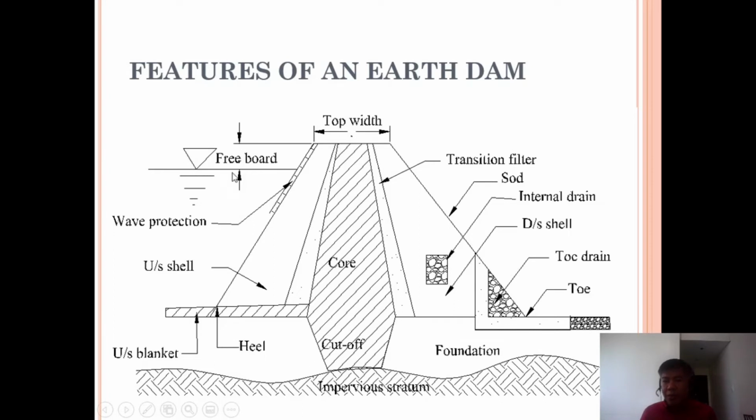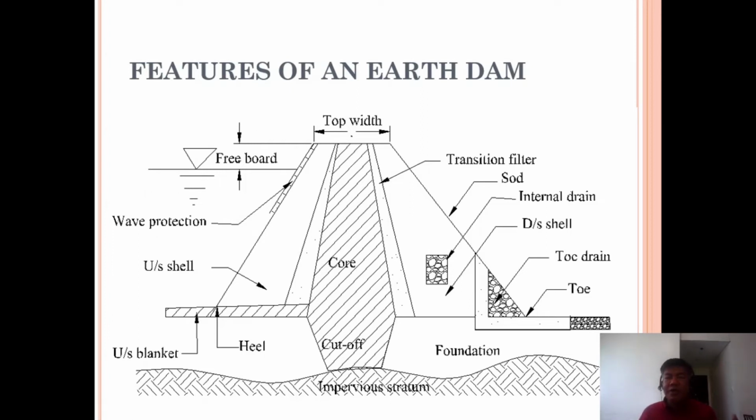So you have the freeboard, then of course you will compute the maximum flood. It is based on the total volume of water required to be impounded. If it is for irrigation, you have to compute the water requirement of the whole area, and it should be during the summer period wherein you are going to impound much water because of the less rainfall. So it depends on the purpose of impounding the water here.